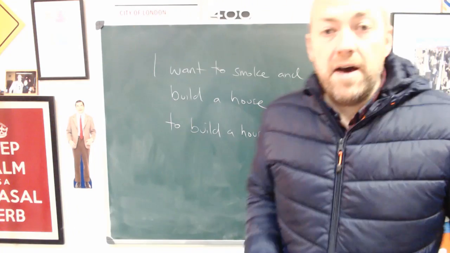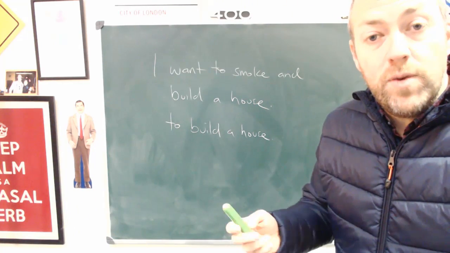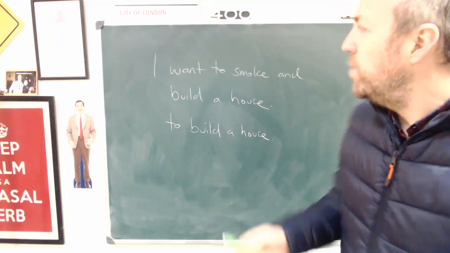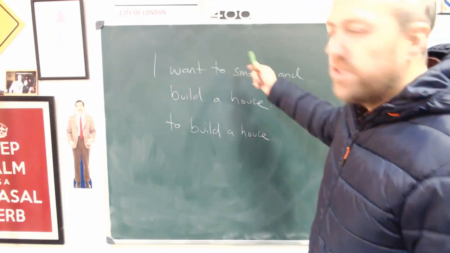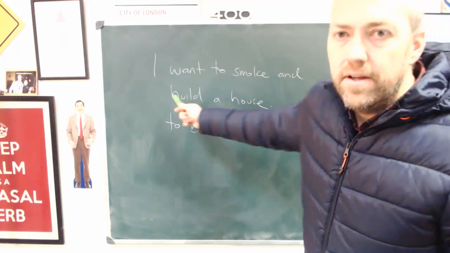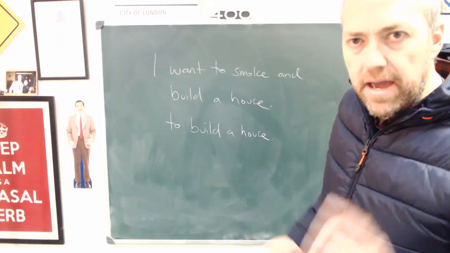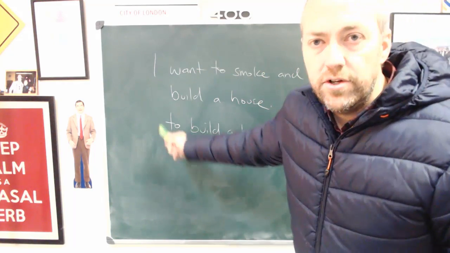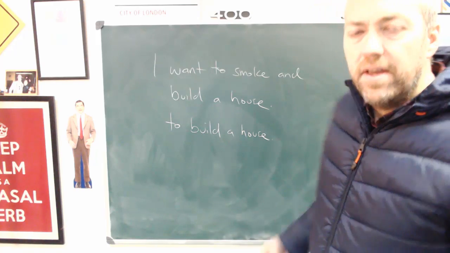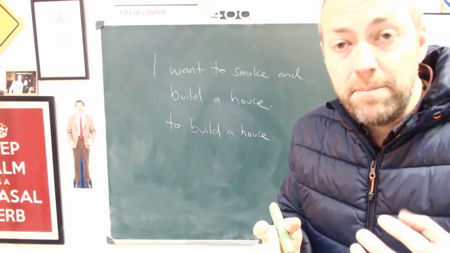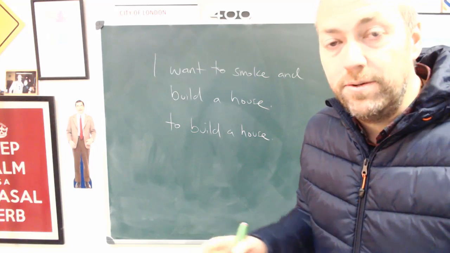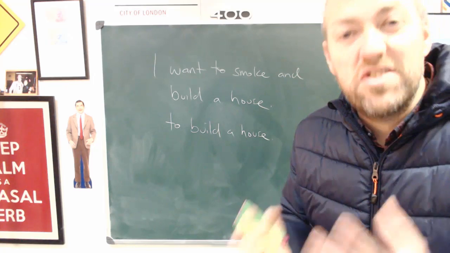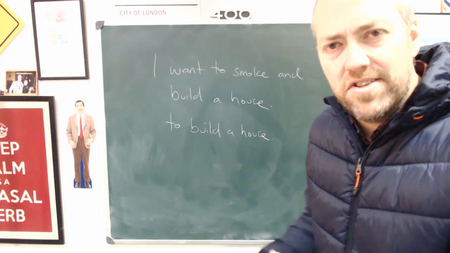I want to smoke and build a house. Okay, so here we have a sentence with two possible endings. We could say, I want to smoke and build a house. Perfect. Or, I want to smoke and to build a house. Now, in this case, both of them are correct. They're both absolutely correct. The difference is that we are using different styles, different sentence styles.